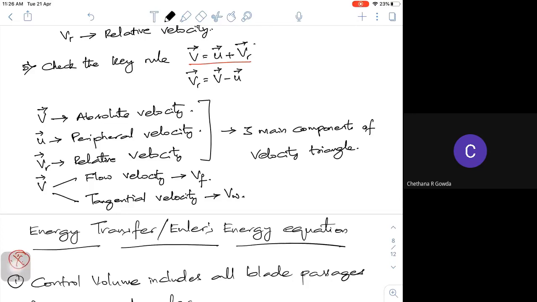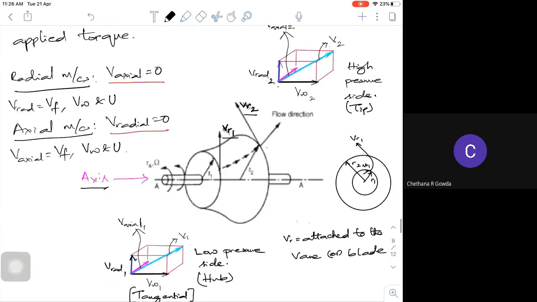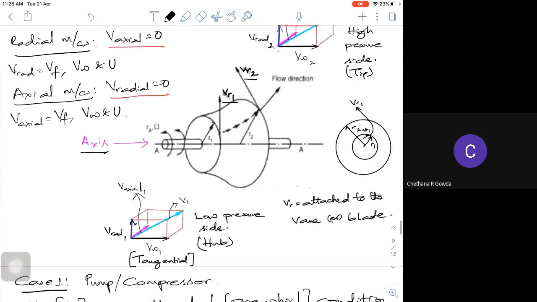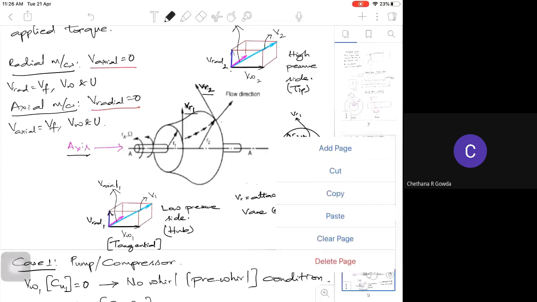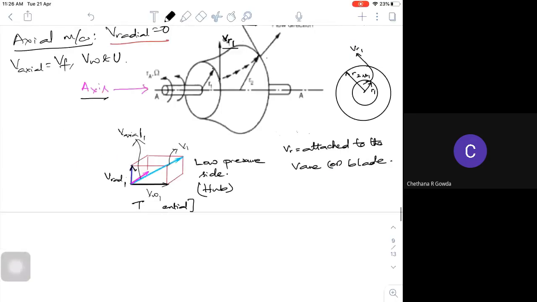Fine. Now what is this velocity triangle? Let me draw a simple generalized velocity triangle and then try to explain.